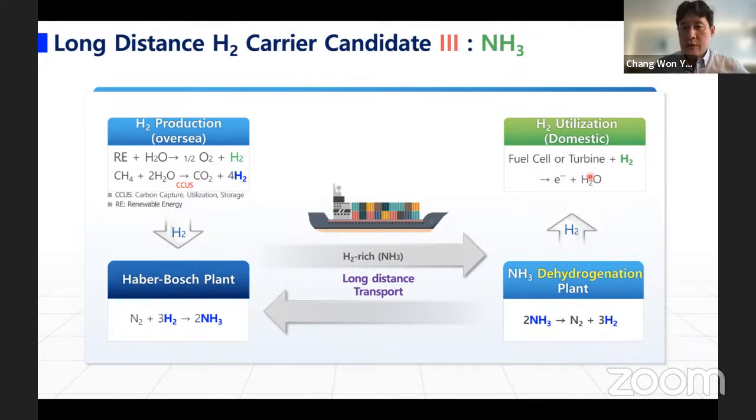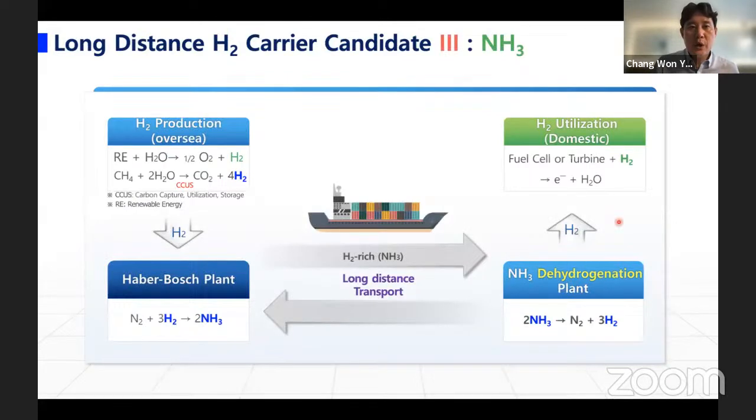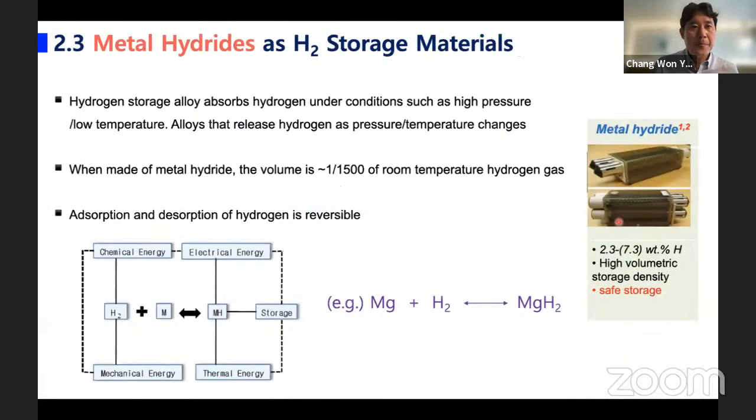The hydrogen is then used with a fuel cell or internal combustion engine to produce electricity, and the nitrogen can just be released into the atmosphere. Right? So that's the long distance hydrogen carrier.